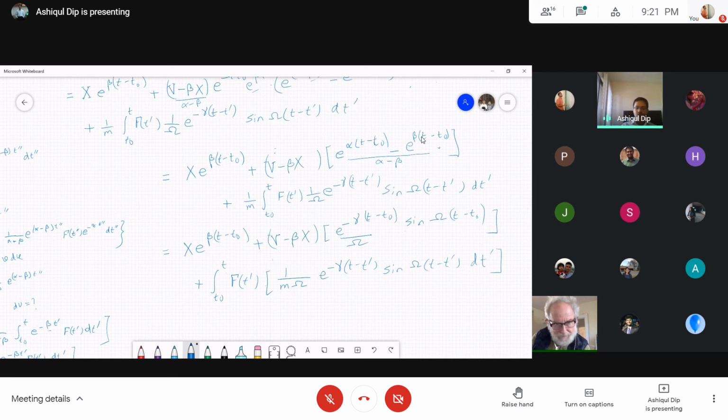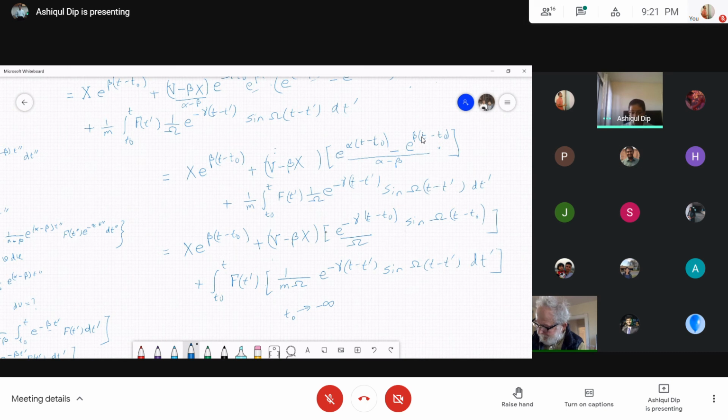So do we see what happens when t naught goes to negative infinity? Oh, yeah, the boundary terms vanish.